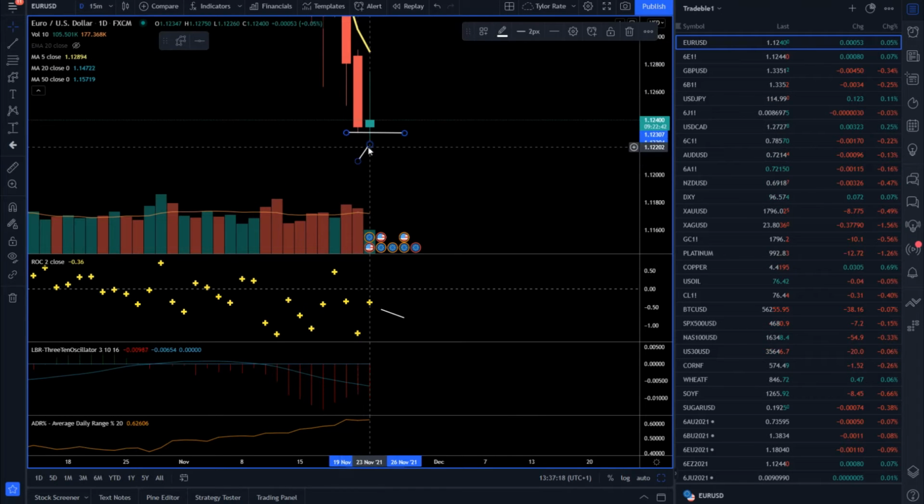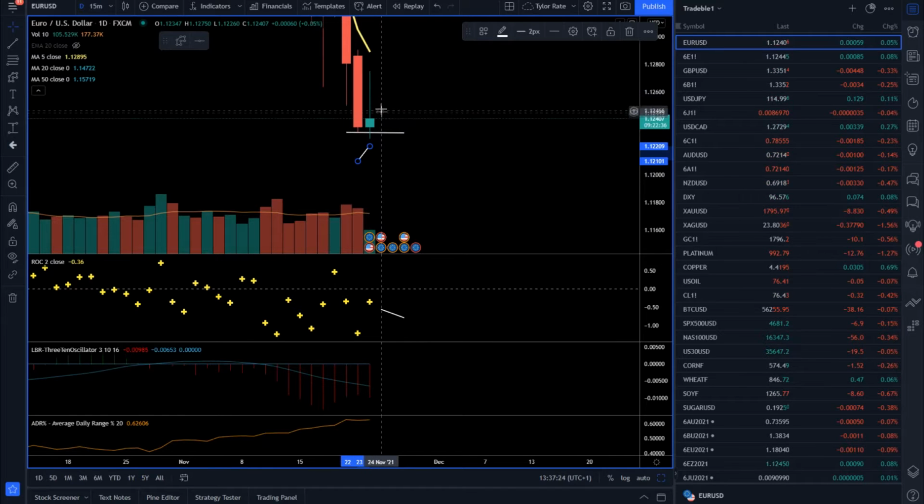So as long as this low can hold for the day so far, there's still a chance for more upside and trying to fulfill this pin bar so far for the day.